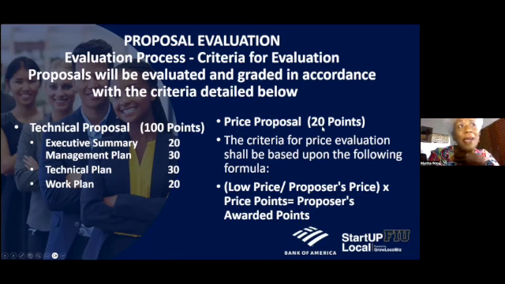Against that, your price is only 20%. I'm not minimizing it, but when you look at 100% versus 20, and this year the criteria for the price evaluation is the low price over the proposer's price. Wherever the low price is, the biggest thing is the proposer's awarded points.